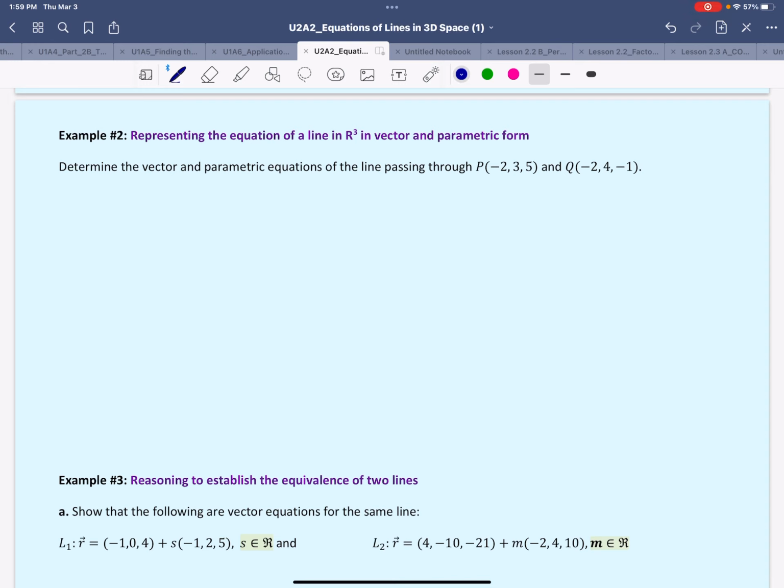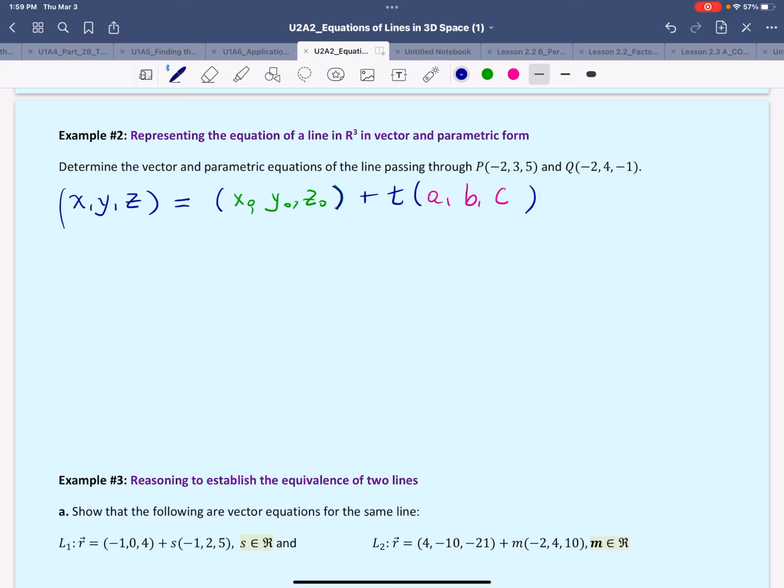So we have 2 points, P and Q. That's where the line is going to pass through. So first of all, what I like to do is write the equation that I'm trying to create. So I'm trying to create an equation in the form (x, y, z) equals (x0, y0, z0) plus some multiplier t, and then we go (a, b, c).